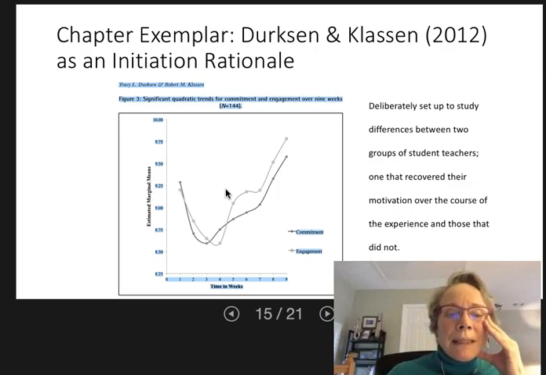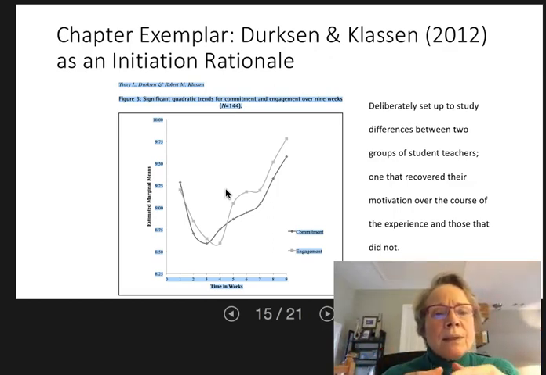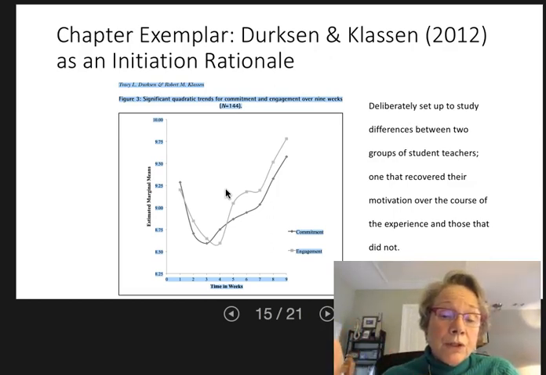In this particular chapter, and in most chapters, I do have an exemplar. In this case, it's an exemplar by Durksen and Klassen, and they studied pre-service teachers, what in my day was called student teachers.